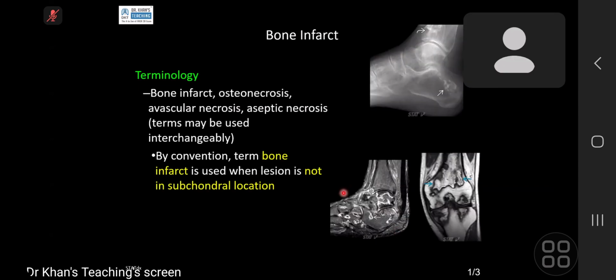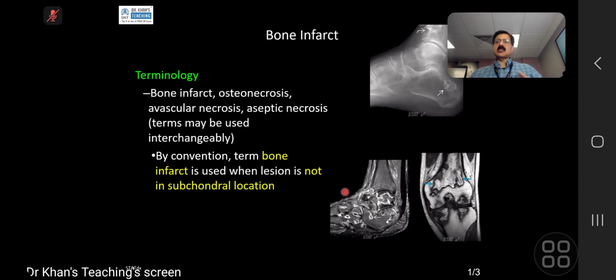Okay, from here we come to bone infarct. Now, this is interesting: avascular necrosis versus bone infarct. And this is very interesting, that we have just complicated the matter for ourselves.